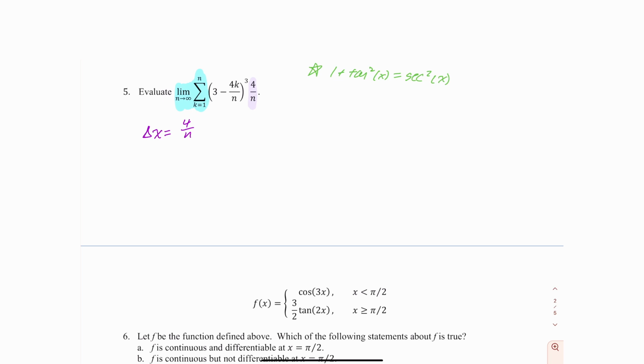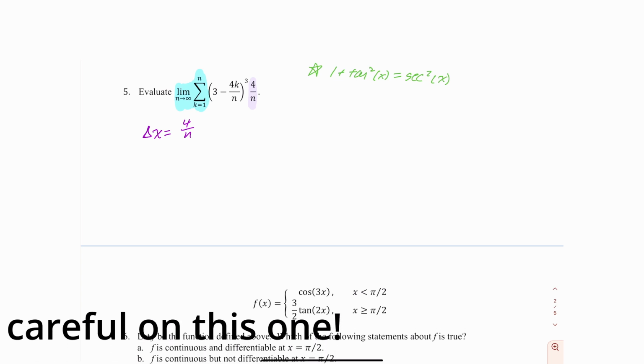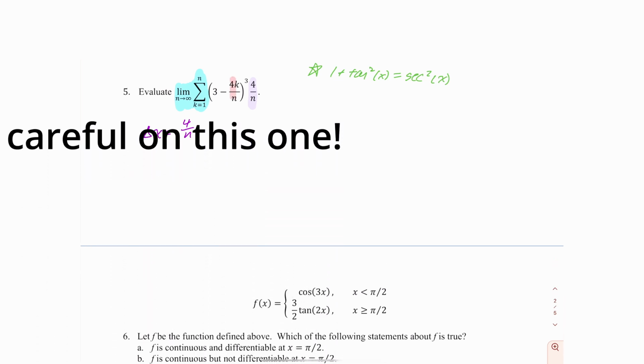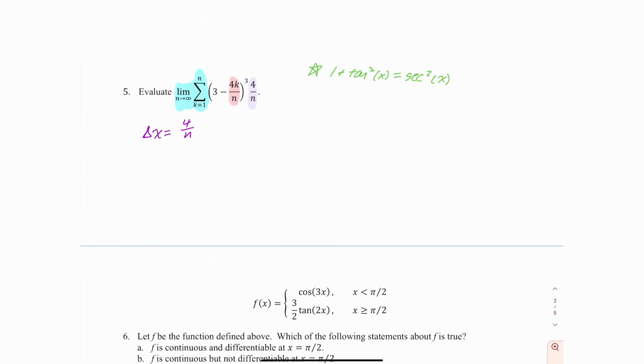So I look for the place where it looks like I'm subbing something into a function. I have two choices here, and I think this is actually a trickier problem than a lot of them. I'm going to say that this is x sub k, and I have a reason for that. I think the function we're dealing with, f of x, is going to be the quantity 3 minus x cubed.